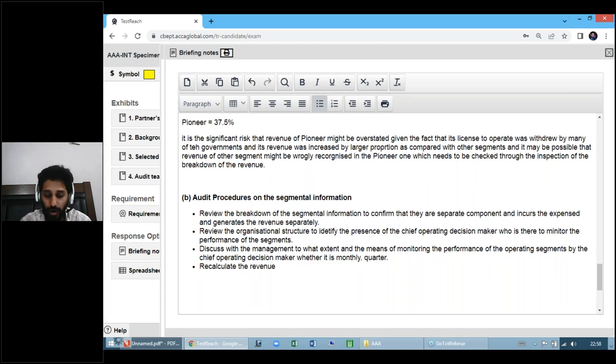And now the most important thing, which one is the important operating segment for you people? You should recalculate the reportable segment, right?